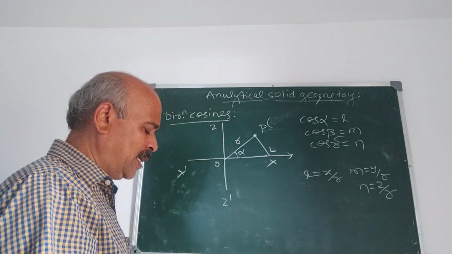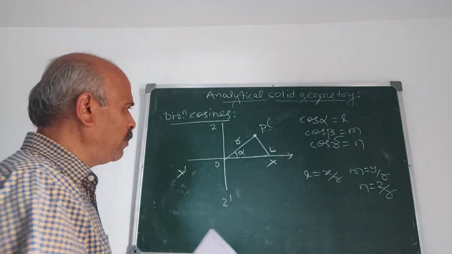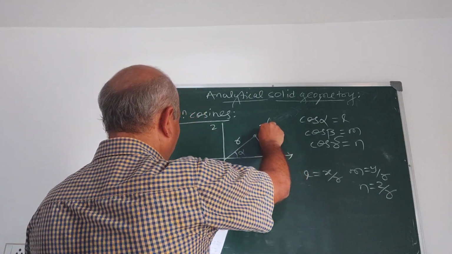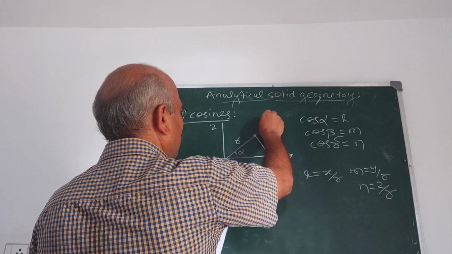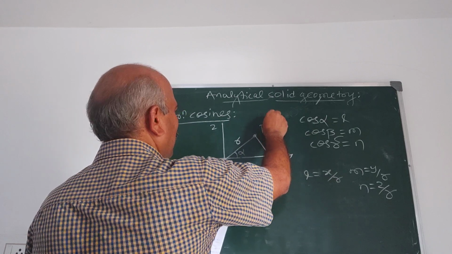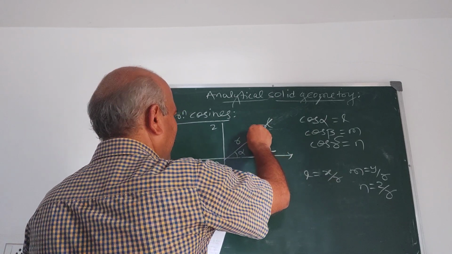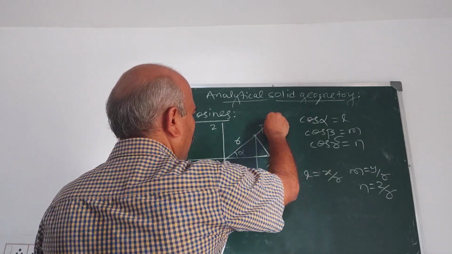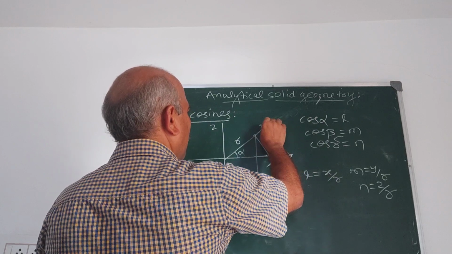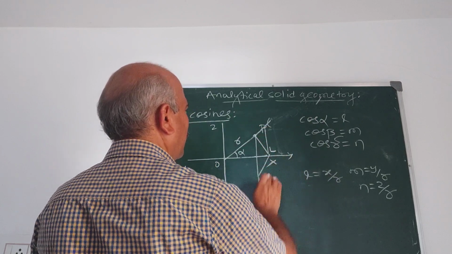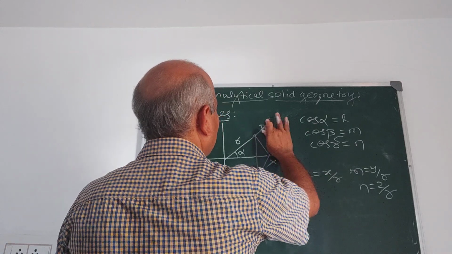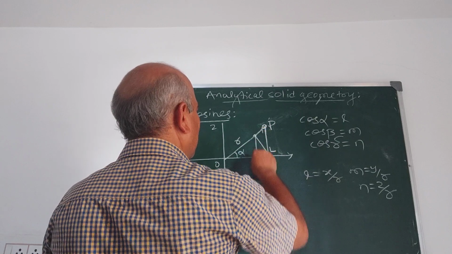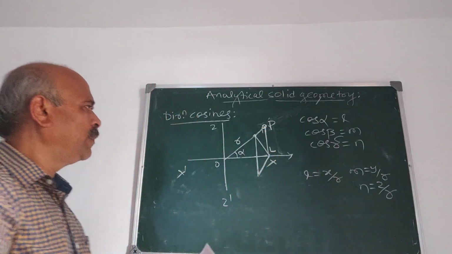The x coordinate of a point is the perpendicular distance, which means you have to draw a plane through this P like this. You refer to that diagram here. You have to draw a perpendicular plane. It meets at this point P.